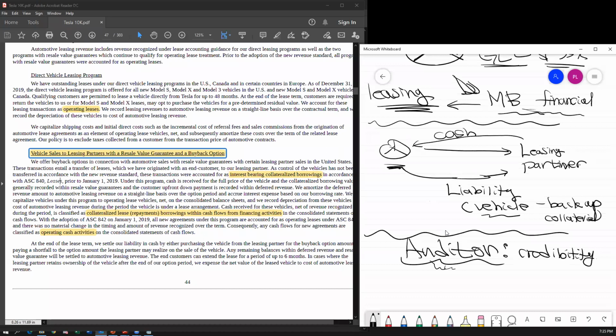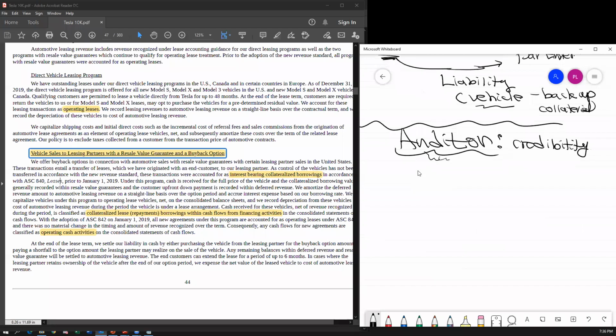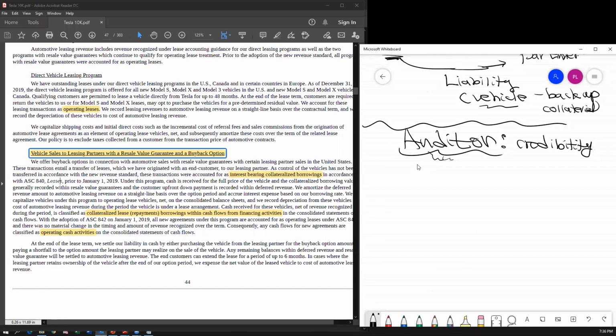For example, in October, at the end of the quarter, we would have new reports.